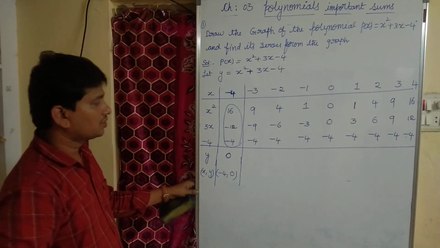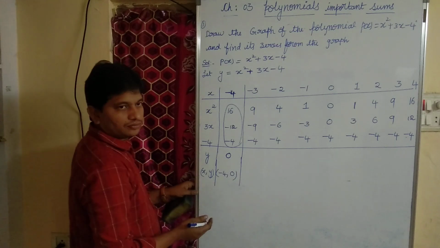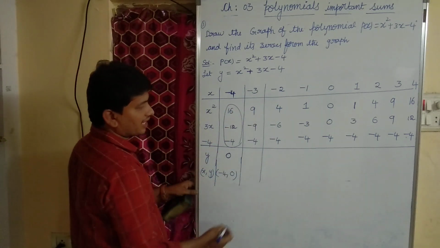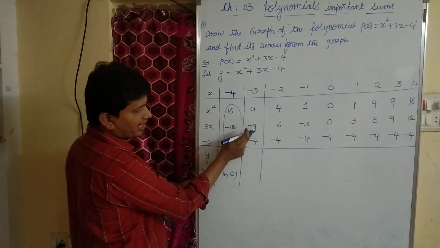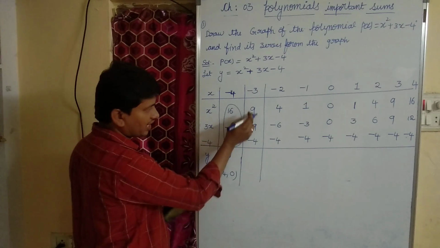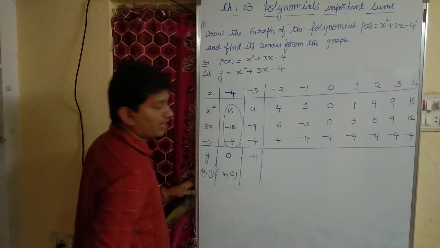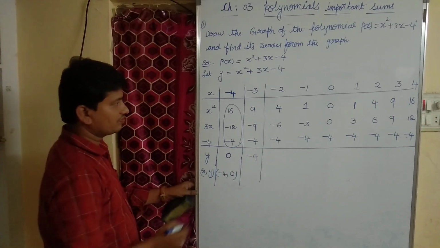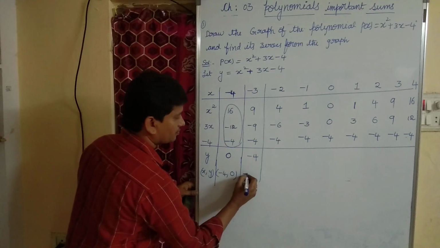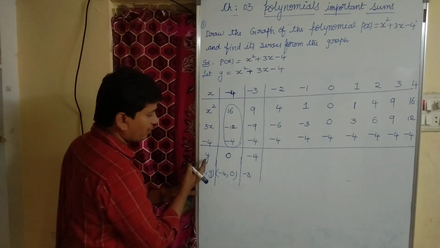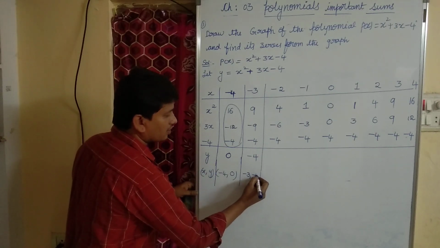Minus 4 comma 0. Now coming to the second one: 9 minus 9 is 0. 0 minus 4 is minus 4. When x is minus 3, what is the value of y? The y value is minus 4.